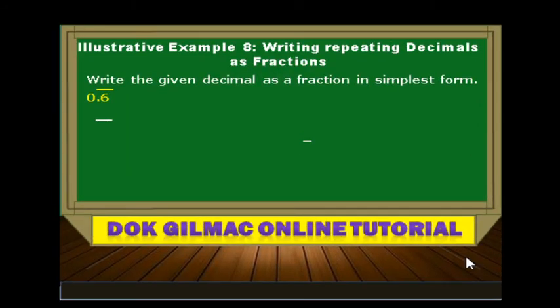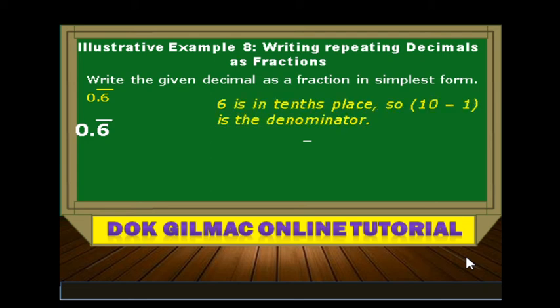Let's have an illustrative example on writing repeating decimals as a fraction. So 0.6 repeating. 6 is in the tenths place. So we have 10 minus 1 as the denominator. So 10 minus 1 is 9.